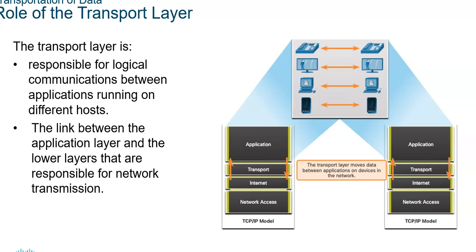The transport layer handles communication between hosts, linking end users with the lower layers for transmission. This is where the data is broken into manageable segments for transmission that will be reassembled at the destination.